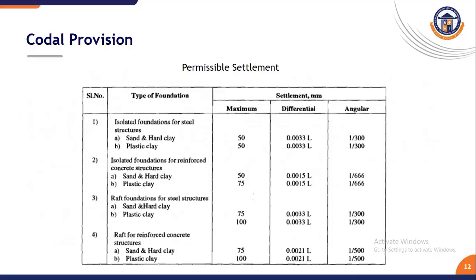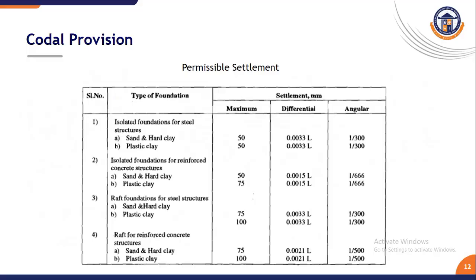Maximum settlement in the isolated foundation for the steel structure is 50 mm maximum in sandy and hard clay. For plastic clay with steel structure it is 50 mm, and the differential value is 0.0033 length, for both sandy and hard clay and plastic clay, and the angular distortion is 1 divided by 300.